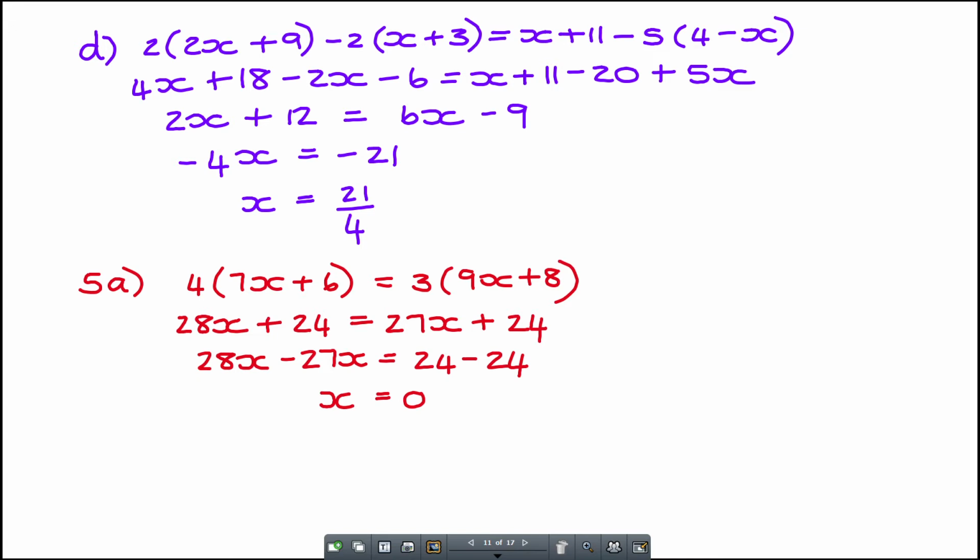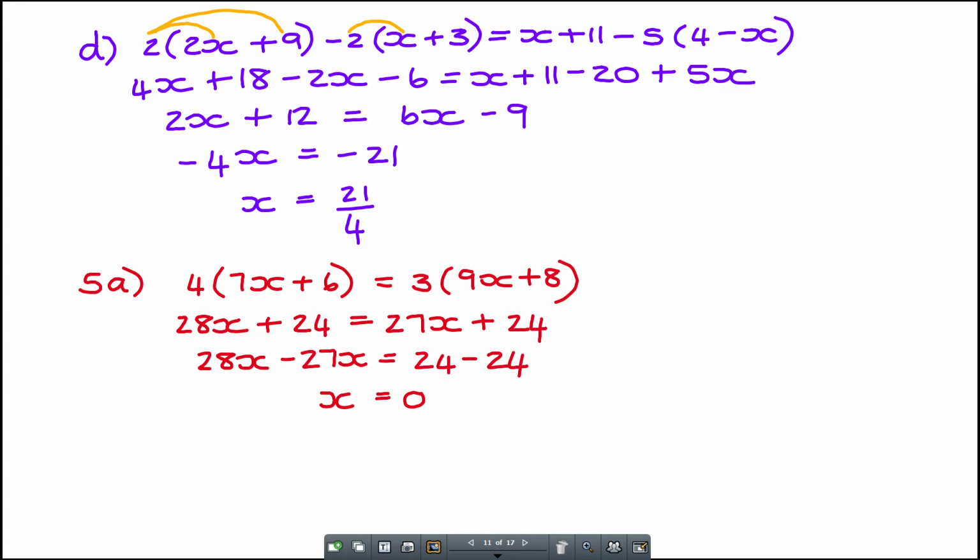Yes. So at D, our step number 1 was use BODMAS to simplify. So meaning get rid of the brackets first. Right? Okay. So 2 times 2x gave me that 4x. 2 times 9 gave me the 18. Now, minus 2 times x gives me minus 2x.